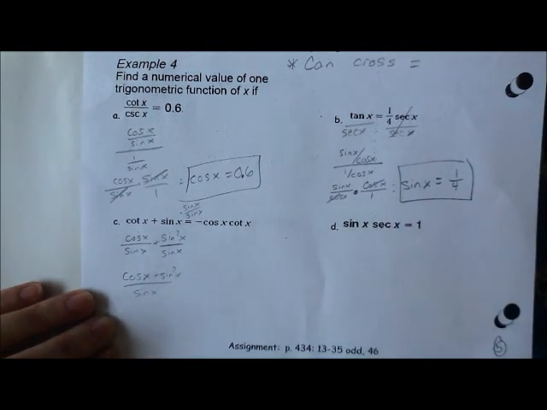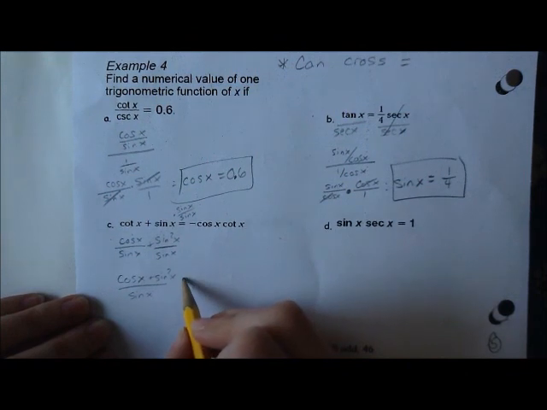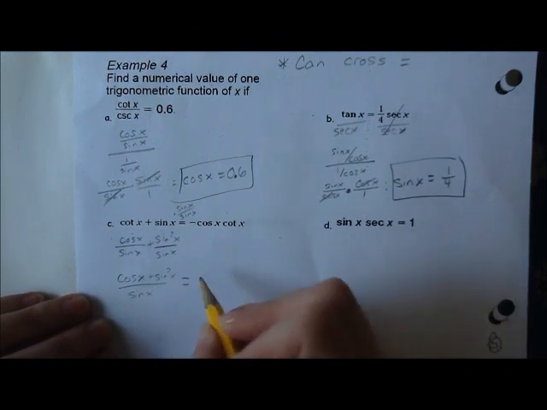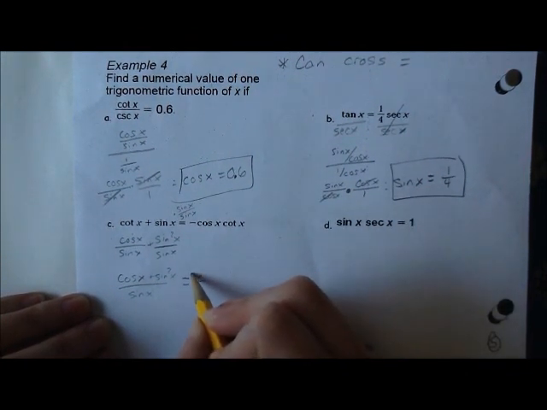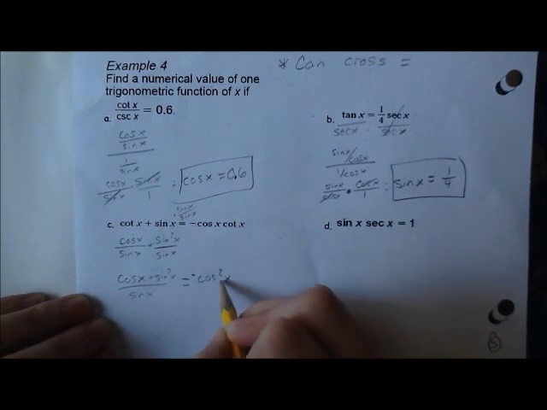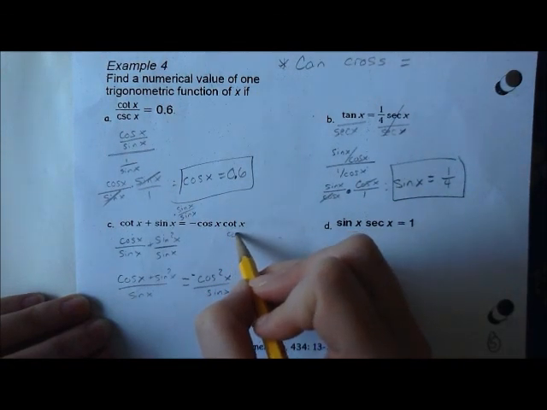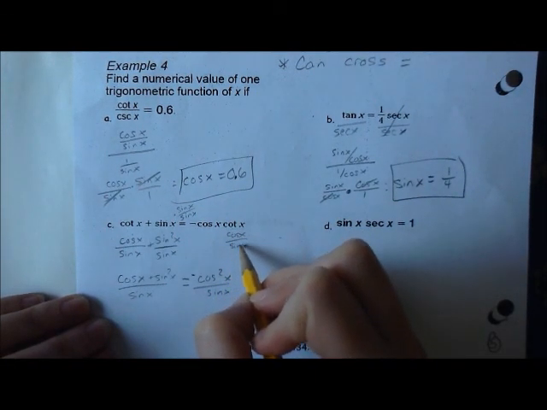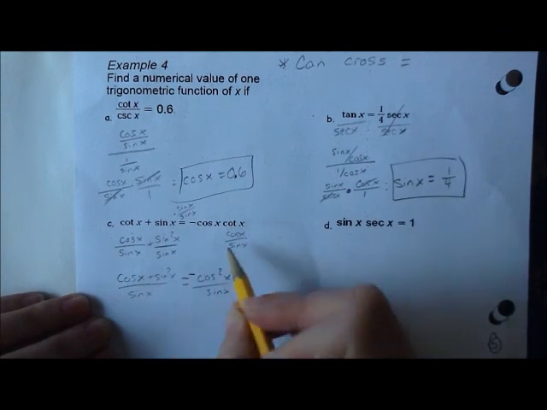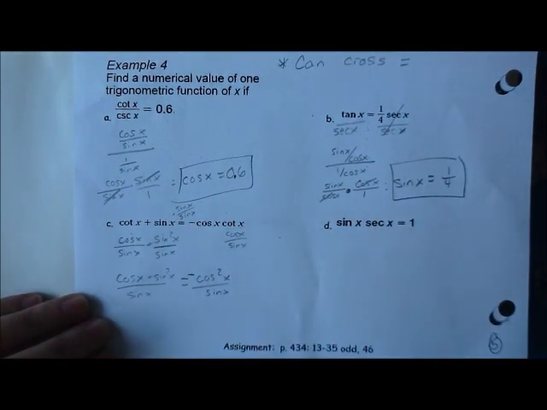That doesn't look much better, does it? But okay. And this one, this is negative cosine squared x over sine x. I should say, I replaced cotangent x with cosine x over sine x. Cosine times cosine is cosine squared over sine.